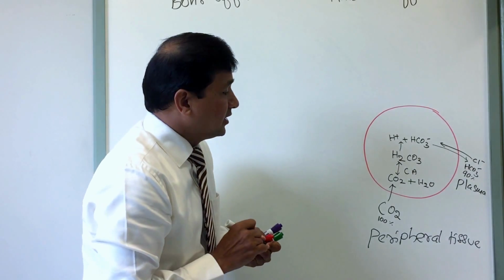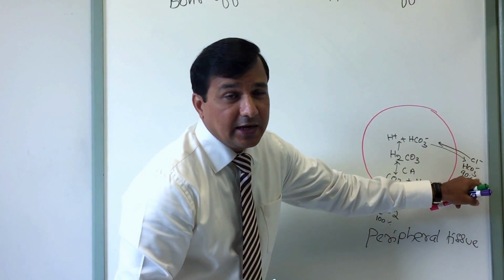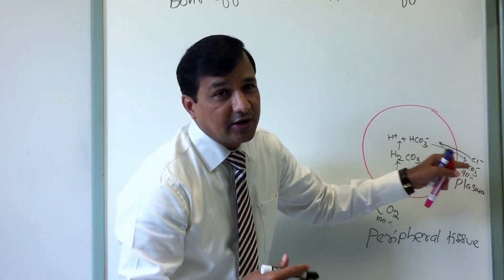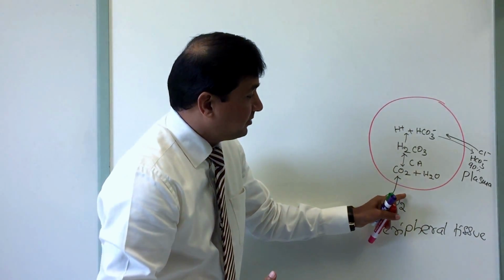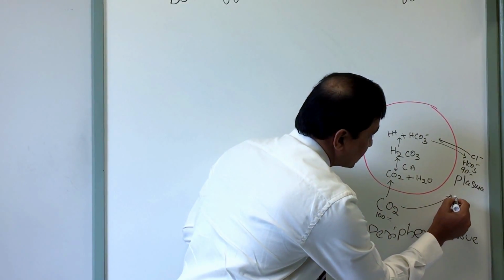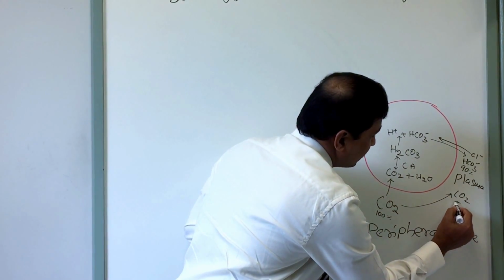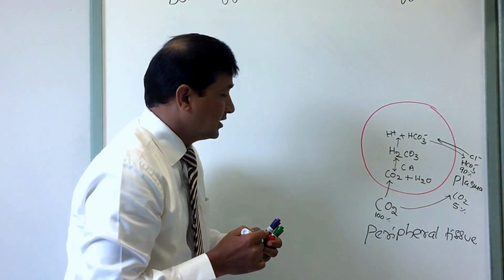For that matter, this bicarbonate range is usually between 85 to 90%, or 80 to 90%. Around 5% of carbon dioxide will be directly dissolved in the plasma, which is dissolved carbon dioxide, around 5%. Some textbooks will say 5 to 10%.